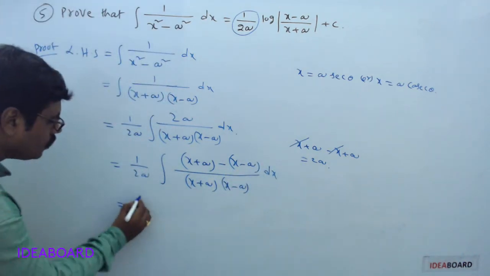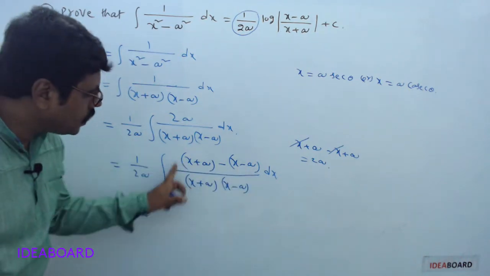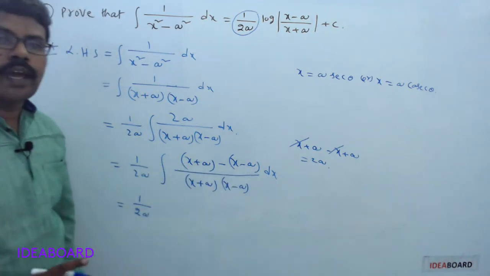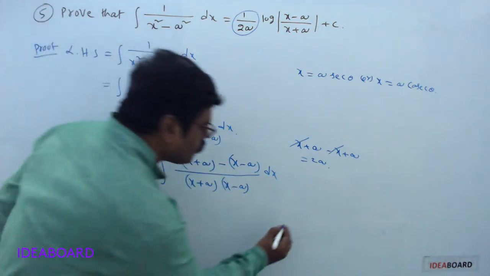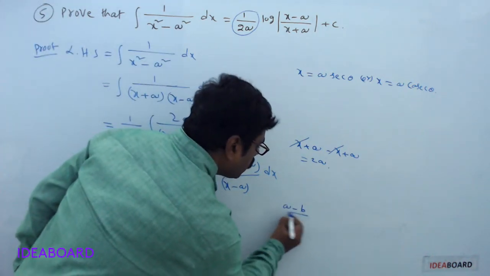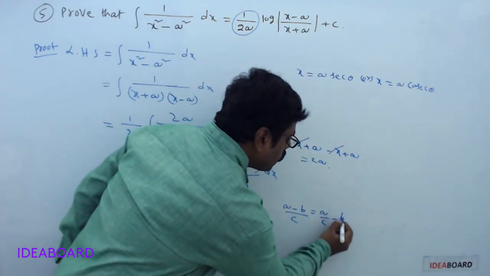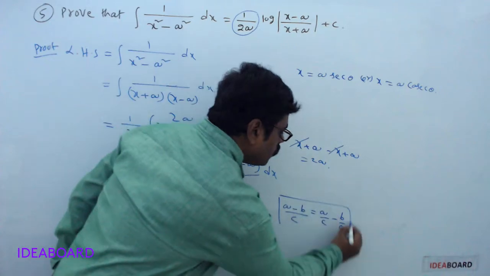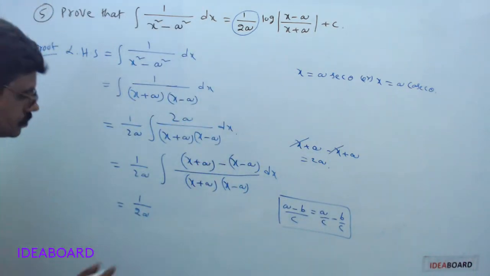Now this equals 1 divided by 2a into, now this integrand is of the form a minus b divided by c. It can be taken as a by c minus b by c. Now split the terms.